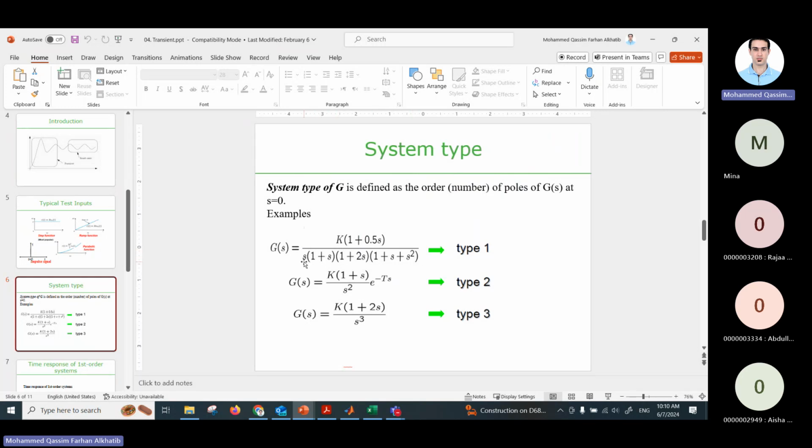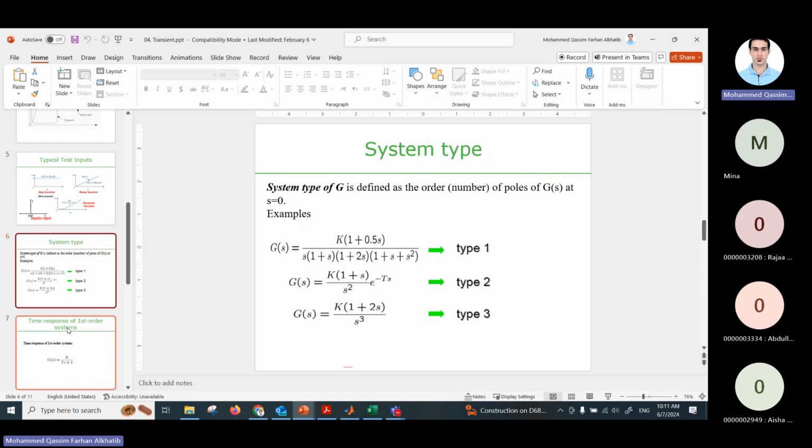We have one pole at 0, one at -1, one at -half, and this one some value. So here, since I have only one pole at 0, that's what we call a type 1. When you have two poles, that's type 2, 3 poles at the origin or at s equals 0, that's type 3. So that's a way of classifying systems.